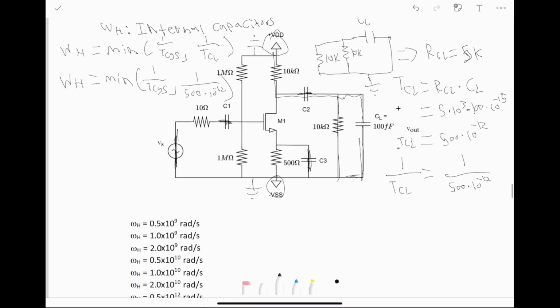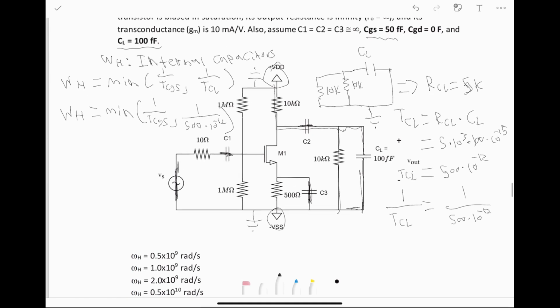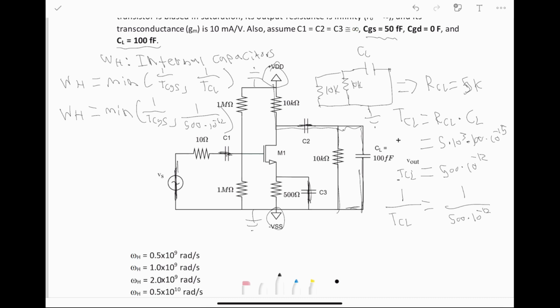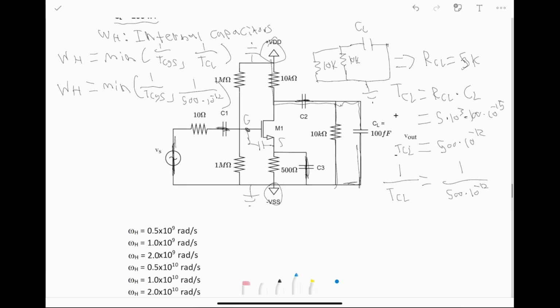Now that we solved for CL, let's solve for the gate source capacitor. This capacitor isn't drawn yet, but it's quite simple. We just add it in from our gate to our source. There's an internal capacitor. And if we start to draw our equivalent model, we see that one lead has a short straight to ground through this capacitor C3, which is shorted.